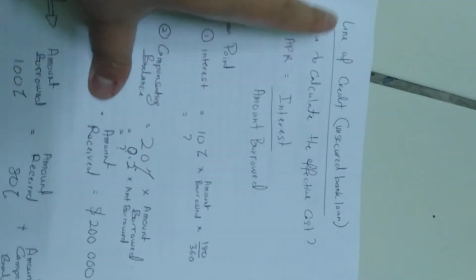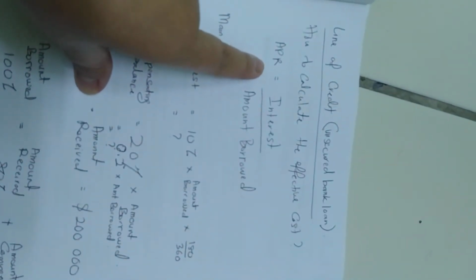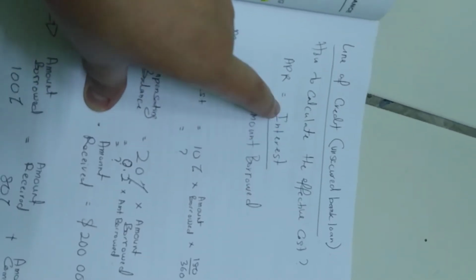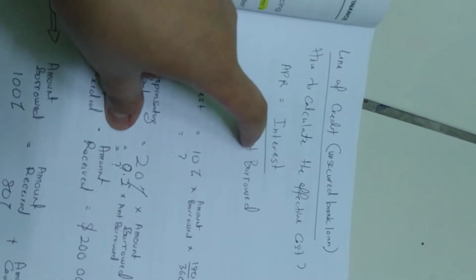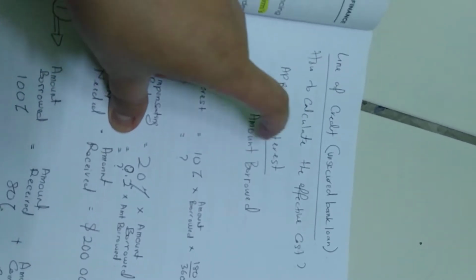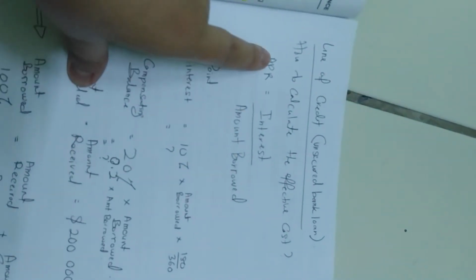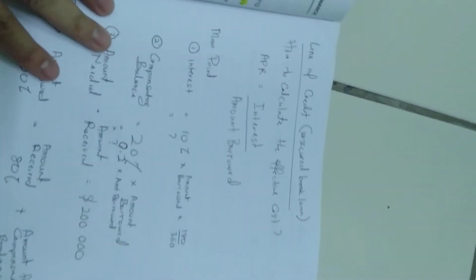So let us go into how to calculate the effective cost. The formula is only interest divided by amount borrowed. You have to find the interest first, and you have to find the amount borrowed, and then you just divide these two elements, interest divided by amount borrowed. Then you can get the APR, the effective annual cost.